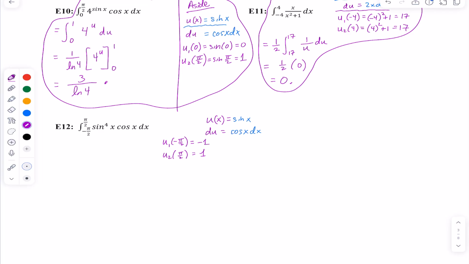Ready to change this integral. We're going to change the way it looks, but yet it's going to have the same value. The new integral looks like a definite integral from -1 to 1, u to the 4th power du. And we can certainly integrate that.